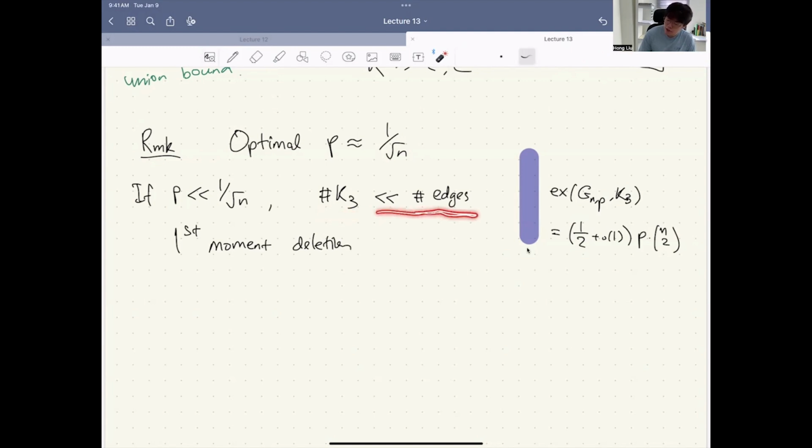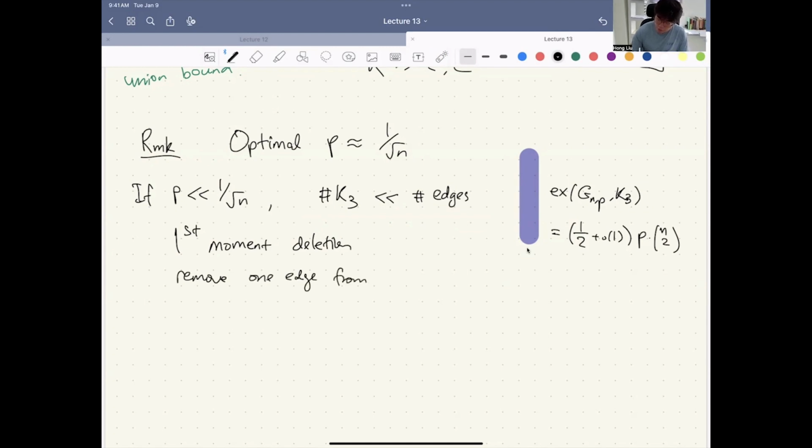The total number of edges we delete is negligible. So we kill all the triangles while retaining almost all edges. Remove one edge from each triangle, you get a triangle-free subgraph of G(n,p) with almost all edges.